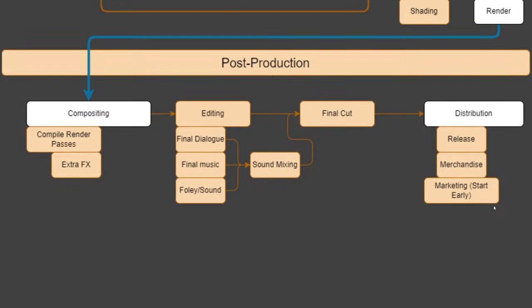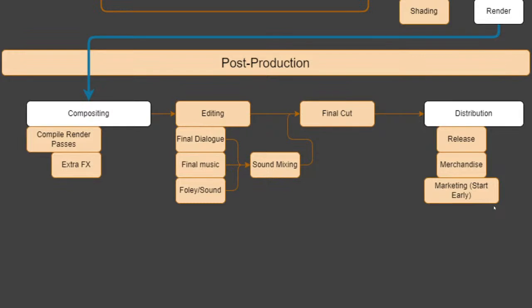You're also going to need to get your final dialogue in there just to be certain that you have everything that you need. If you're going to have any narration, this is going to be a good spot to throw it in there, and you're going to be getting your music and your sound effects like Foley art.